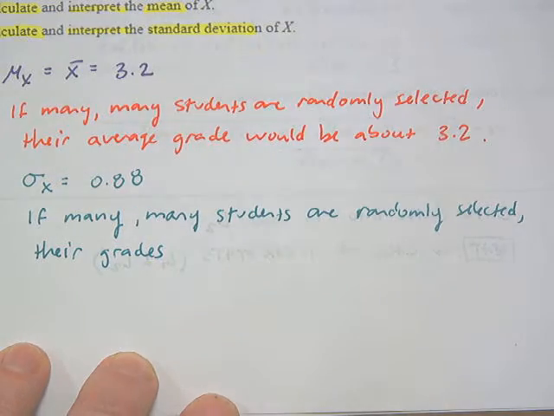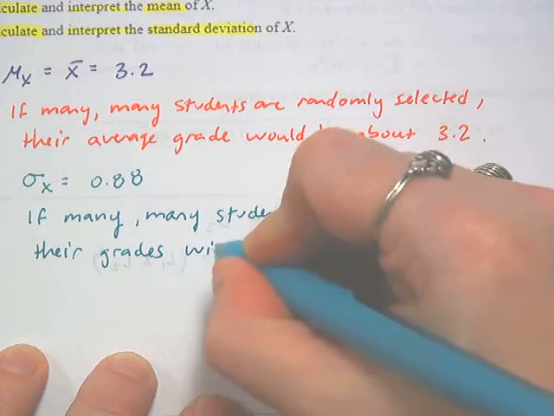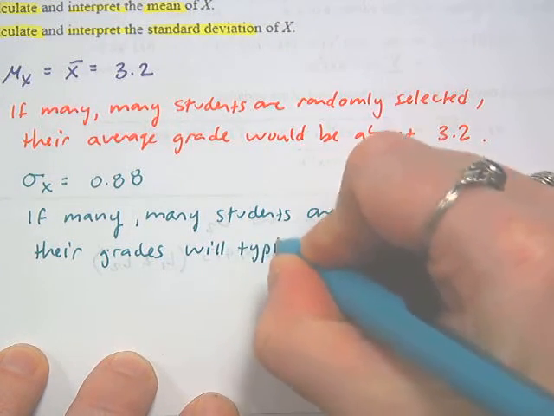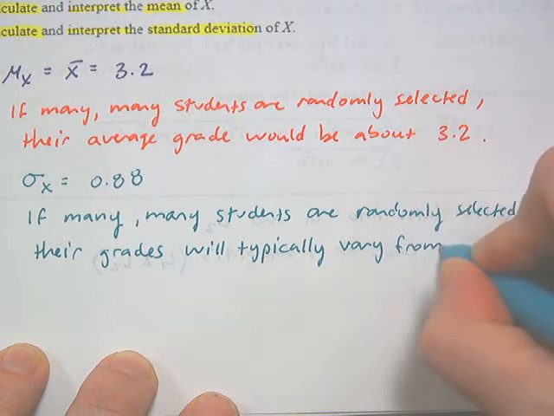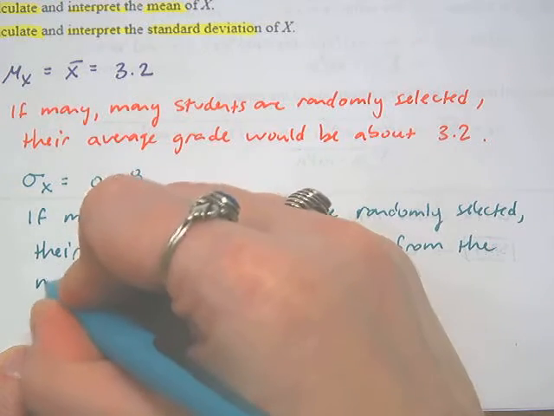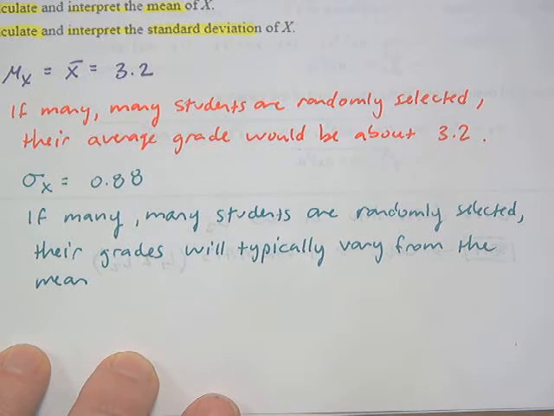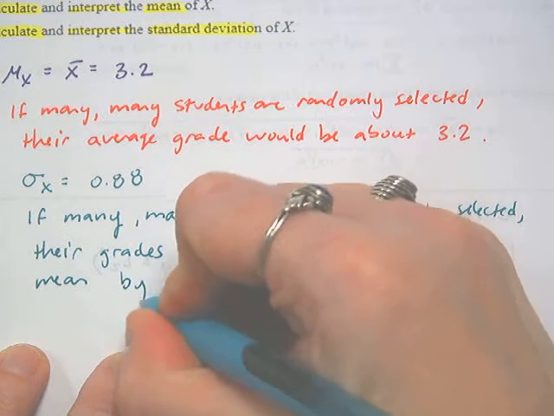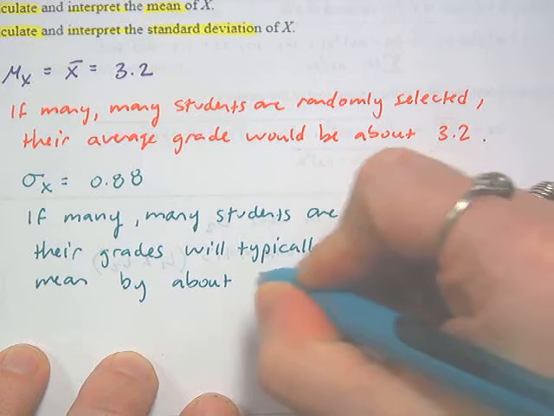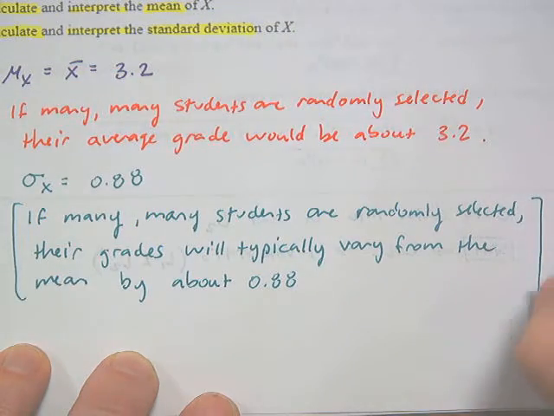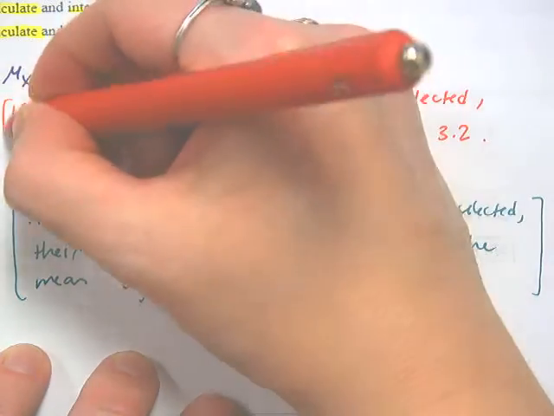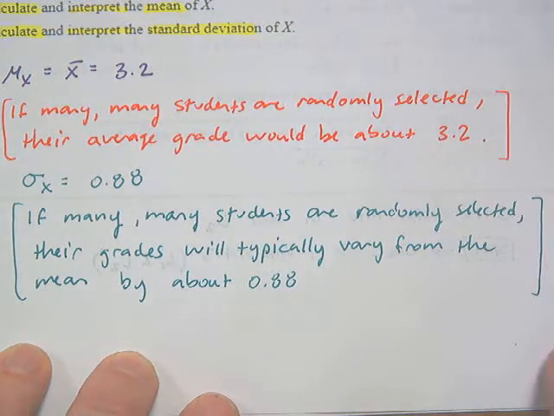Their grades will typically vary from the mean. This is how far away their scores are from the mean grade on average, by about 0.88. That's what that means. That's the interpret piece.